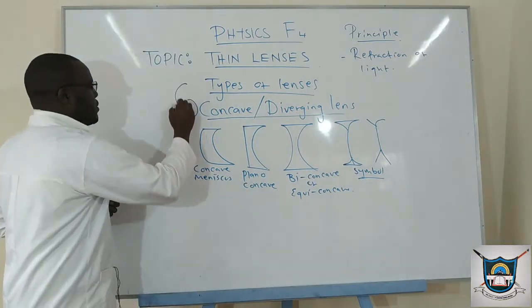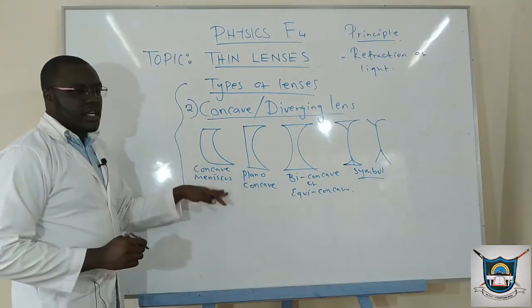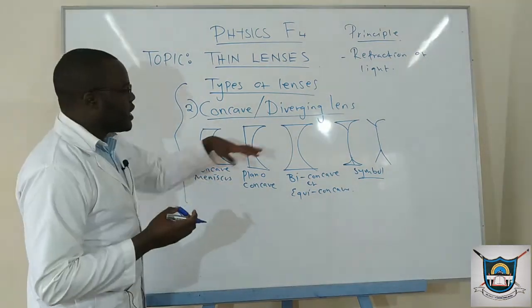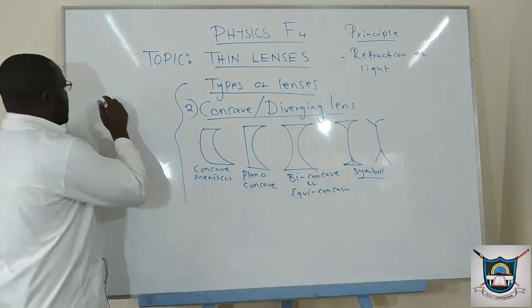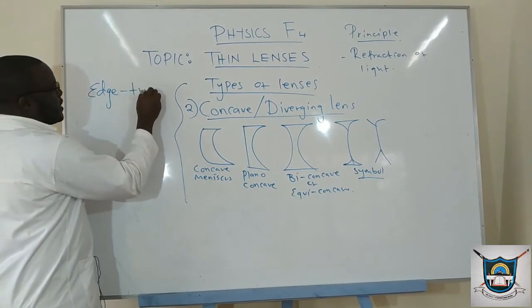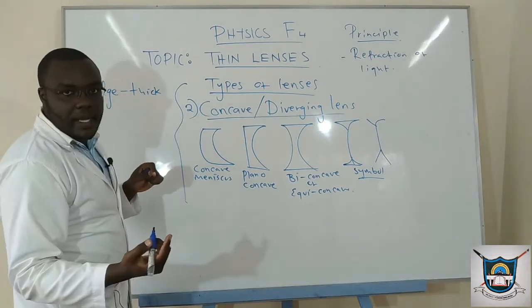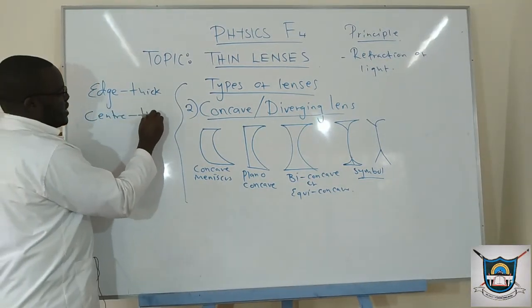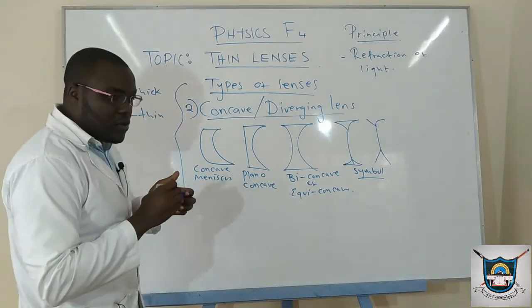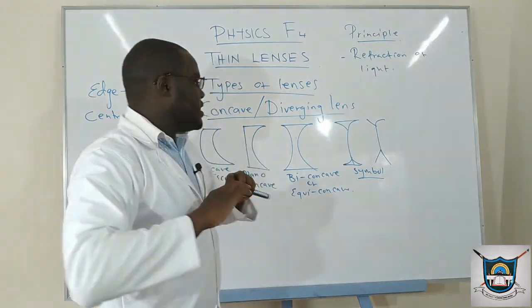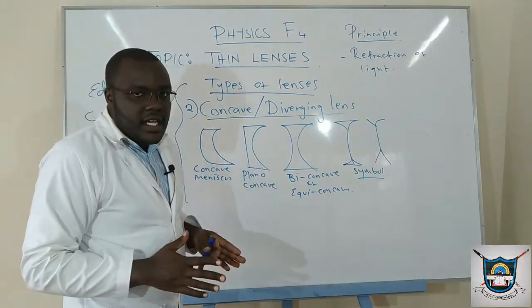But how do you know that the type of lens you have is a concave just by looking at the shape? It has a property. Look at the edges this time round. The edges are relatively thick as compared to the center, which is fairly thin. And that is one property. Just by holding an example of a concave, you notice that the center is very thin and the edges are very wide.